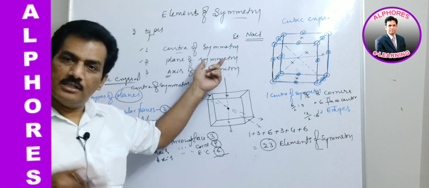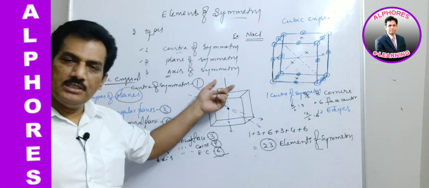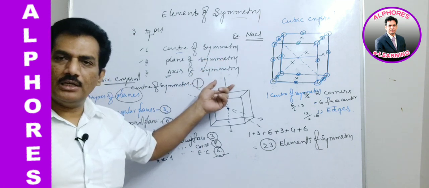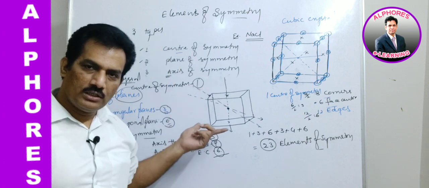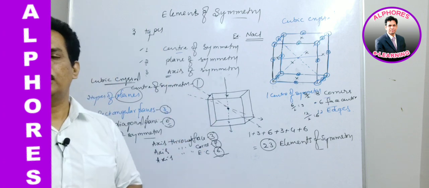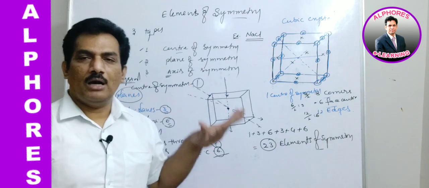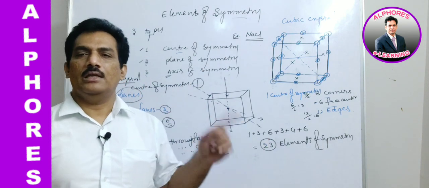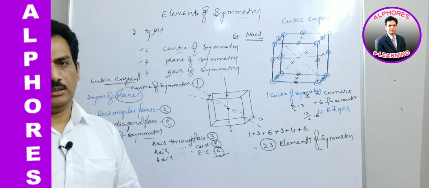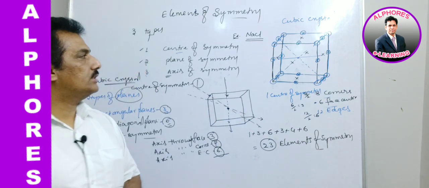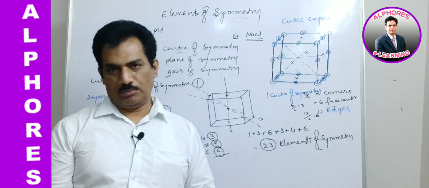The presence of a plane is sufficient. The presence of an axis is sufficient. And the presence of all of these is also symmetry. When it is asymmetric, all of these should be absent, not even one should be present, then the system is said to be asymmetric. Clear? That is about elements of symmetry.